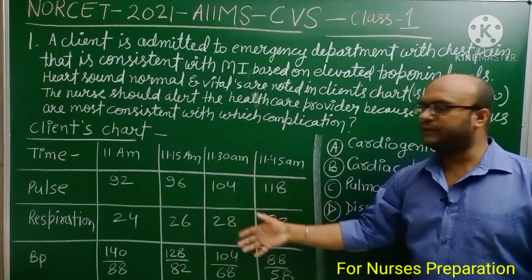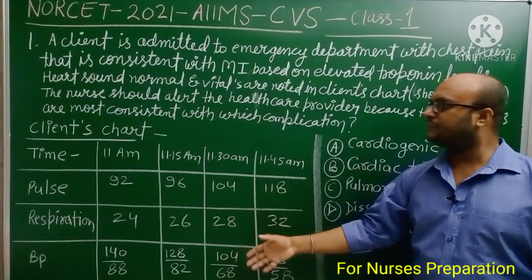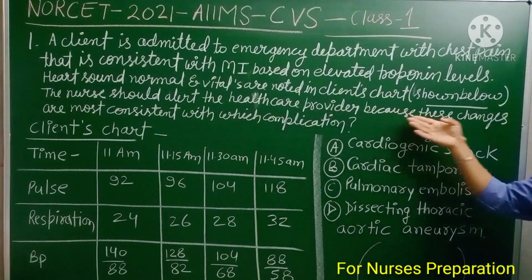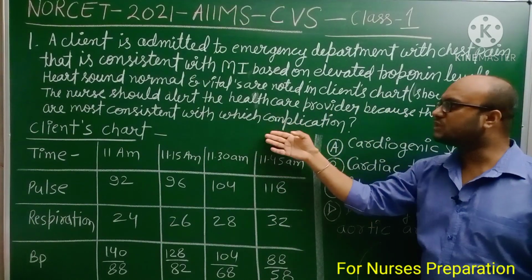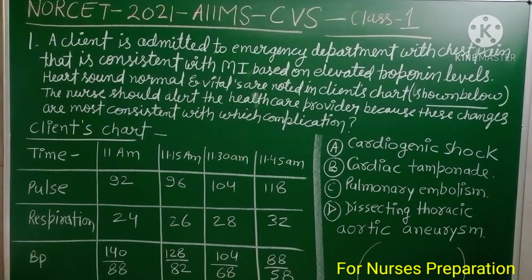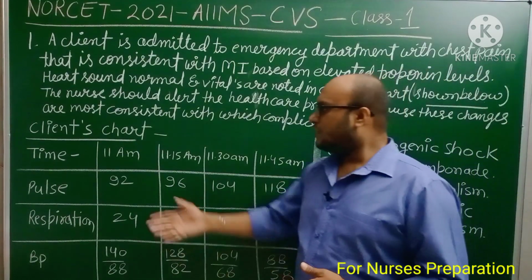The nurse should alert the healthcare provider because these changes are most consistent with which complication? You have to tell by observing this client's chart what condition the patient is developing after having MI. Let's observe the client's chart.